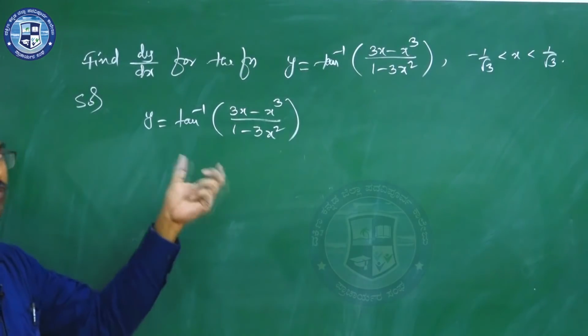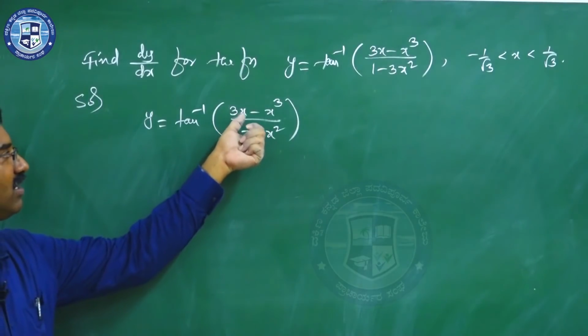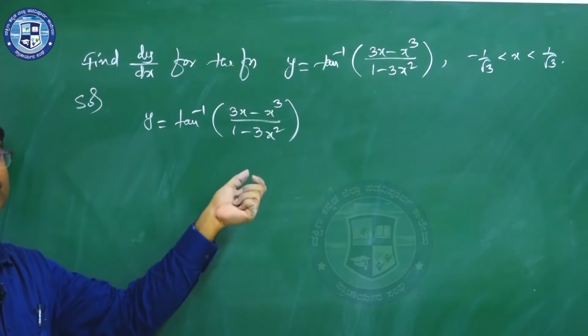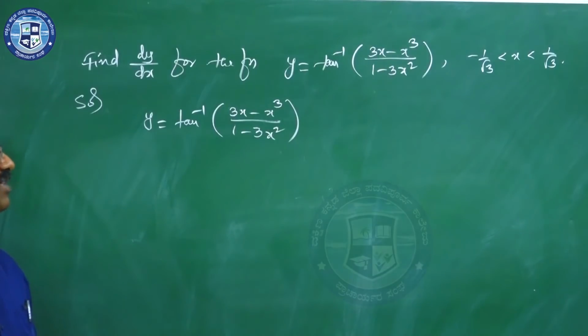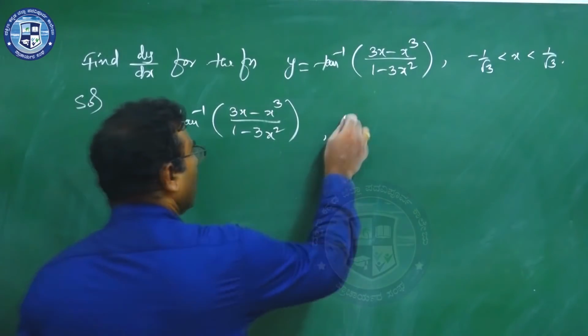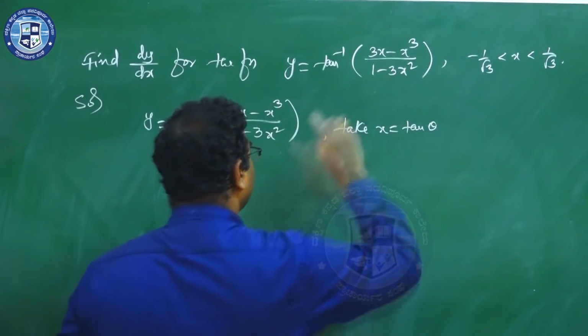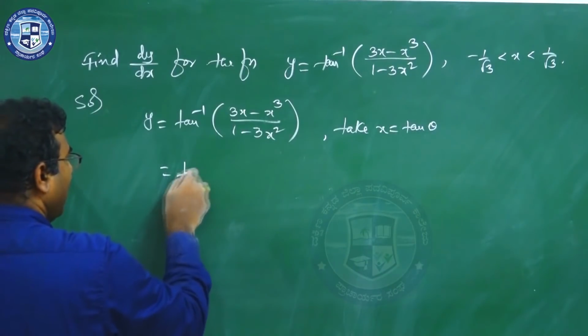When you have good command on trigonometry, then you can simplify this function so that we can differentiate it very easily. Now what I do is I take x is equal to tan theta here. Okay.